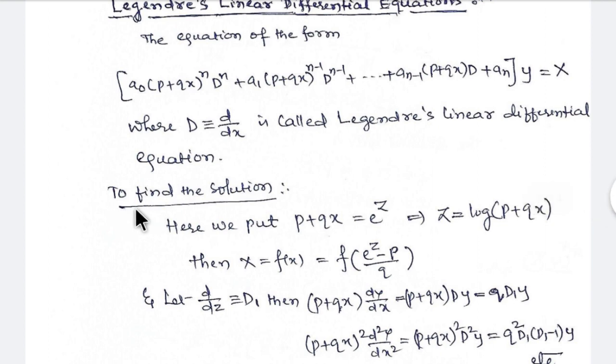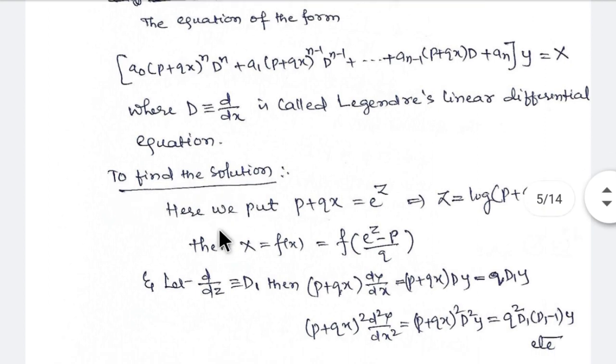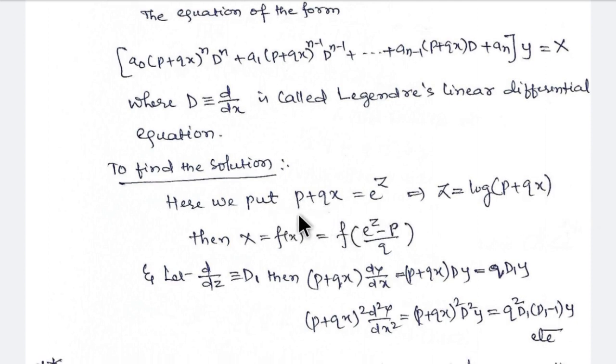Then how do we find the solution? To find the solution, you put the transformation P + Qx = e^z. Just as in homogeneous linear equations you put x = e^z, here in the place of x is P + Qx.